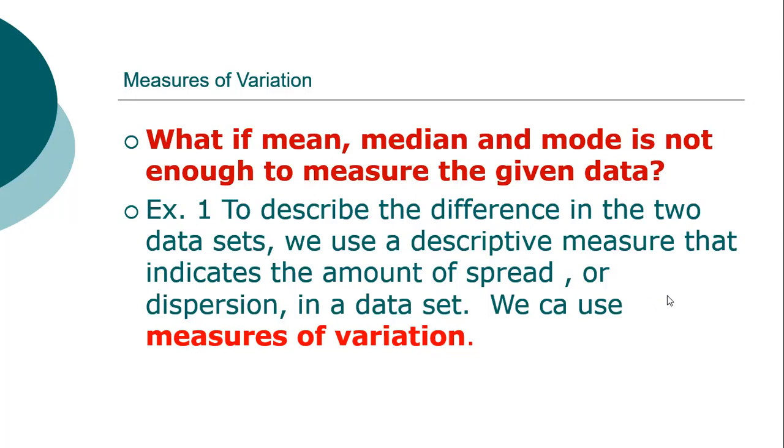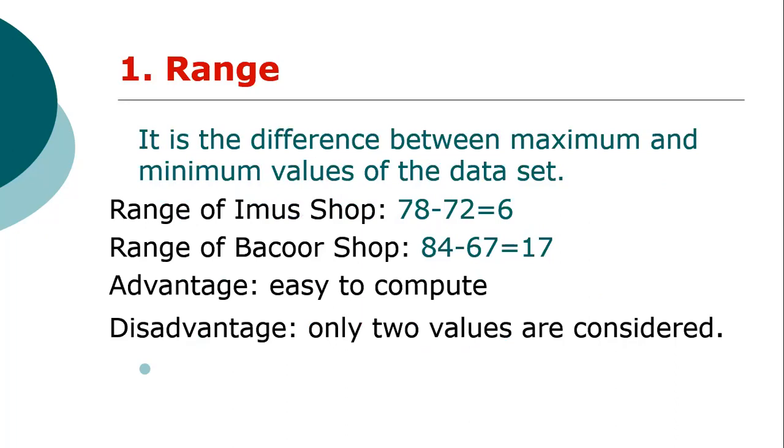Using the measures of variability, makikita natin kung sino yung mas consistent. Kapag mas less yung spread ng data, that means mas consistent ang performance. Mas maganda ang performance. So, let's try to use the different measures of variability.